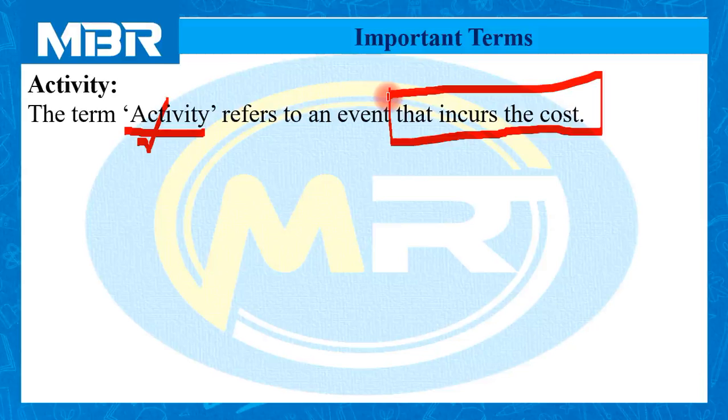It means if we are paying an amount for any event, say for example, shifting goods from store A to store B, which requires huge cost of transportation, you can say it is your activity. So the term activity refers to an event that incurs the cost.